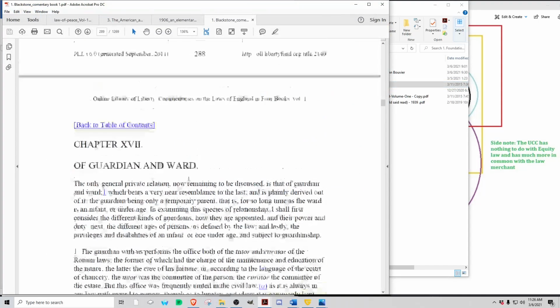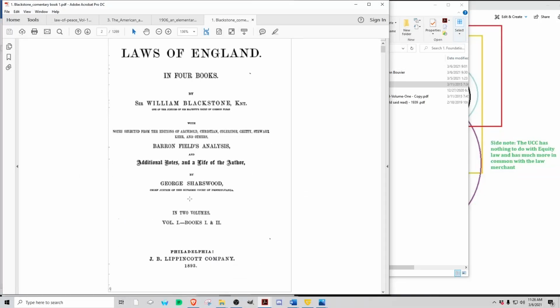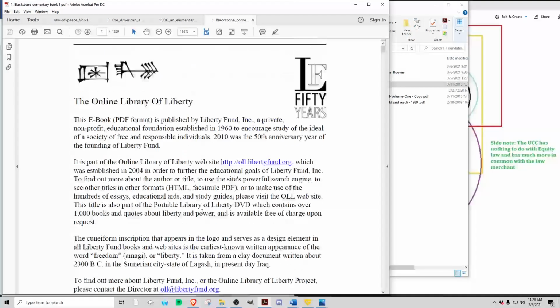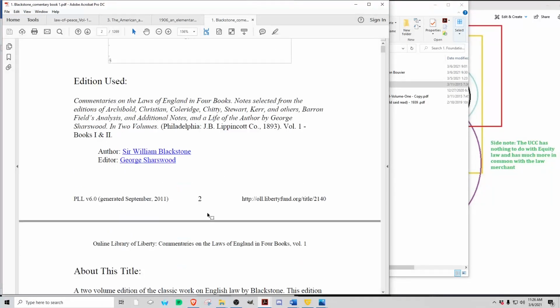Now, just to give a little bit of background, Blackstone's Commentaries, the publication of this particular one is 1893. I'm not exactly sure when the first one was. It might be in here, it might not. Oh, okay, yeah, 1753. So it's been around for quite a while.